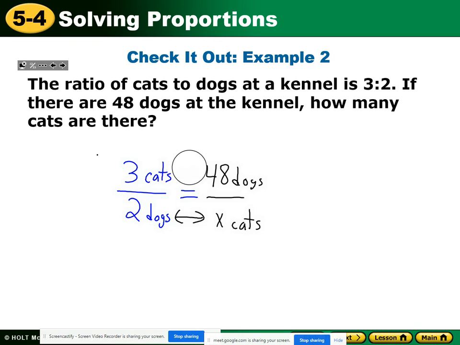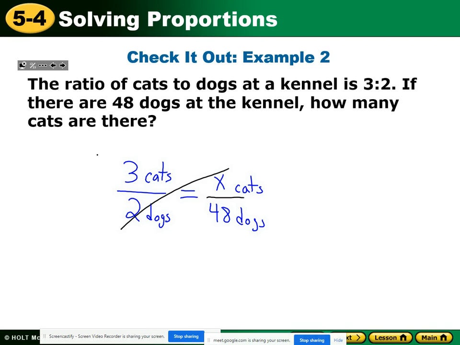So, Carson, since dogs are on the bottom already, we're going to look to put the dogs on bottom, and we're going to be looking to put the cats on top. So your numbers were right, but you flipped them around, okay, sir? Do you see that? Yep, okay. That happens. All right, then 2x, right? 3 times 48 is 144.